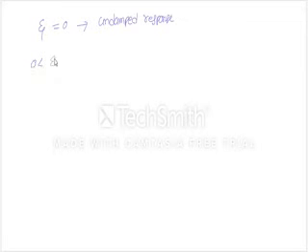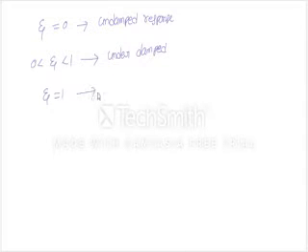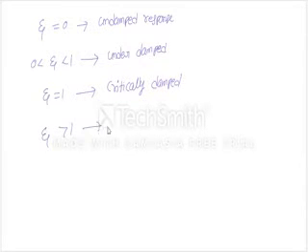If 0 less than zeta less than 1, we call this underdamped. If zeta is equal to 1, we call this critically damped. If zeta greater than 1, we call this overdamped.